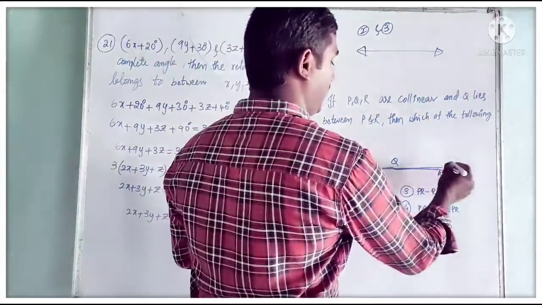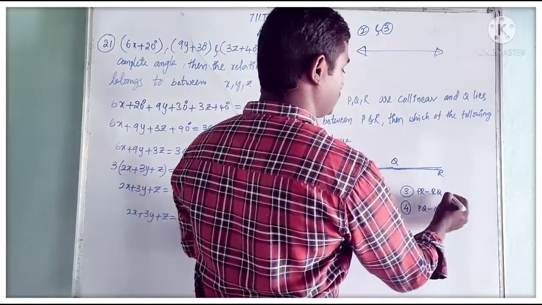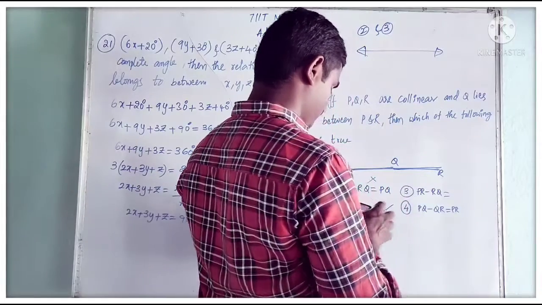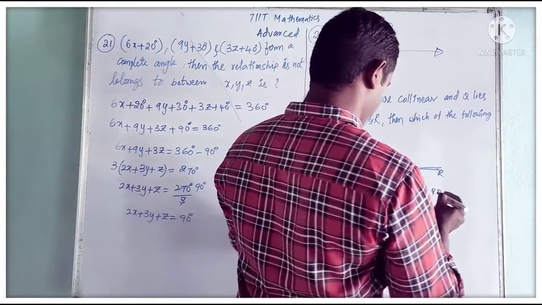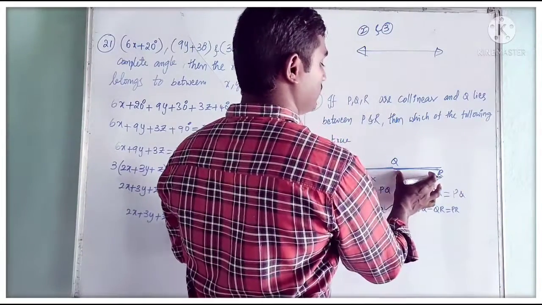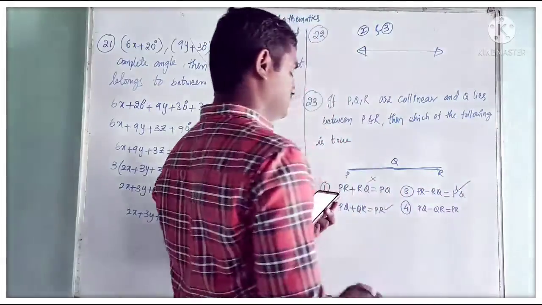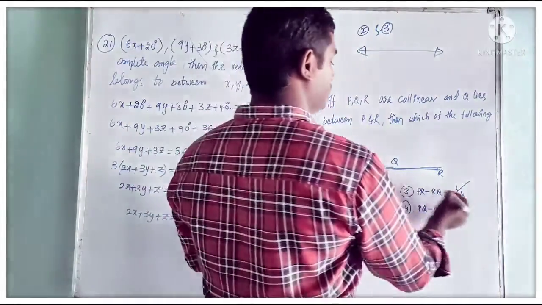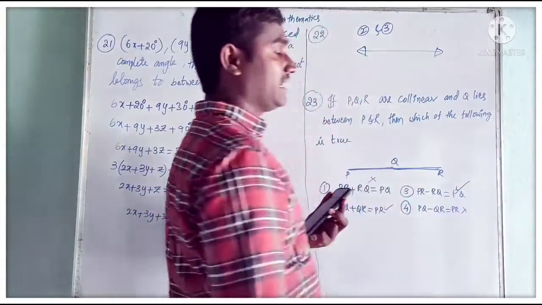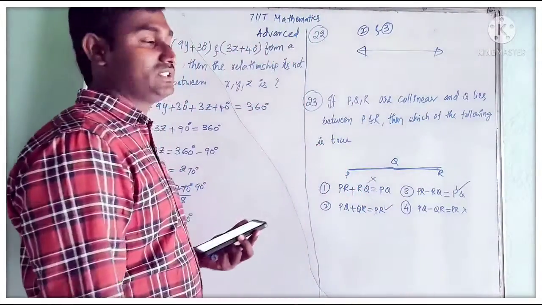Next, PR minus RQ equal to PQ. Yes, it is also correct. Total distance minus QR distance, then you will get PQ. So this third option is also correct. PQ minus QR, that option 4 is a wrong option. So option 2 and option 3 are the correct options for this.